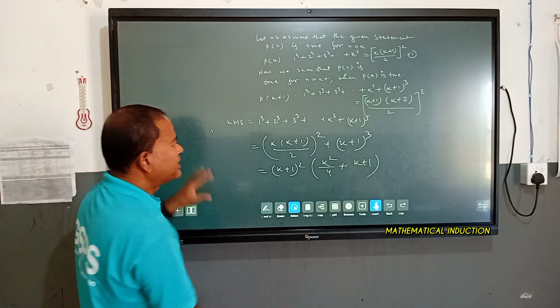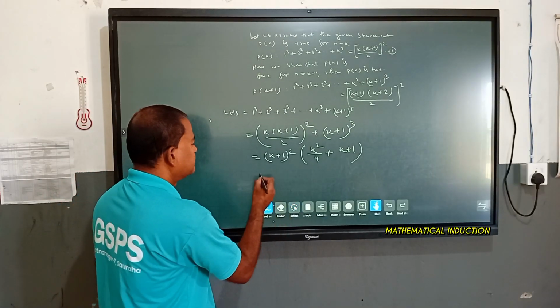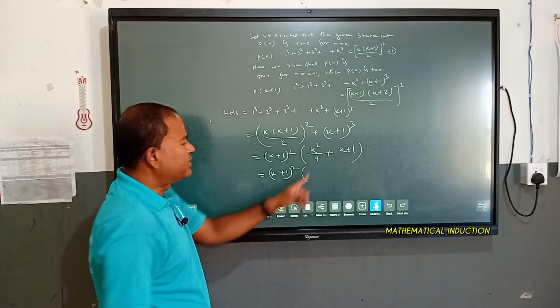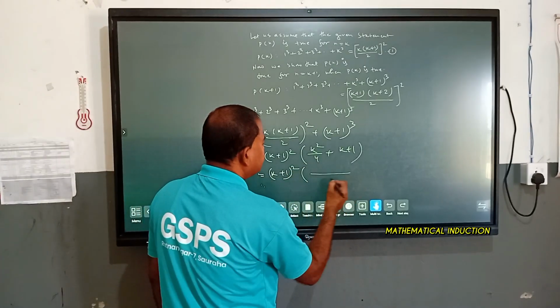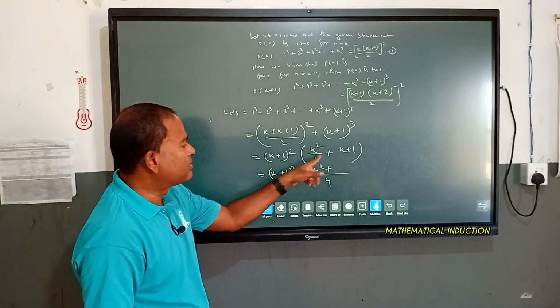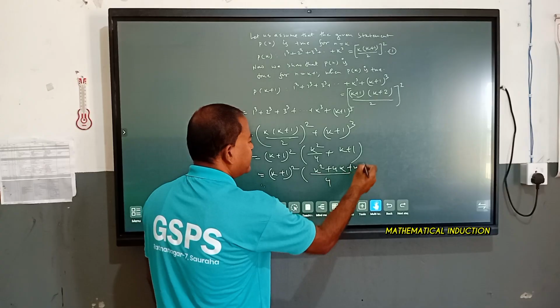So dear students, now let's take the LCM. If we take LCM 4, then we get k square plus 4k, 4 times 1 we get 4.